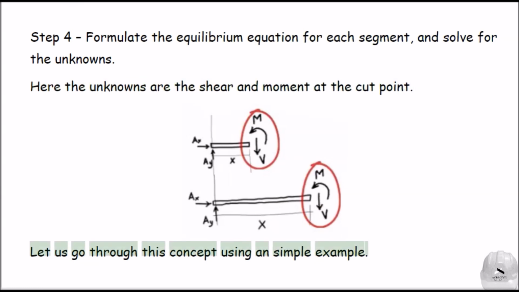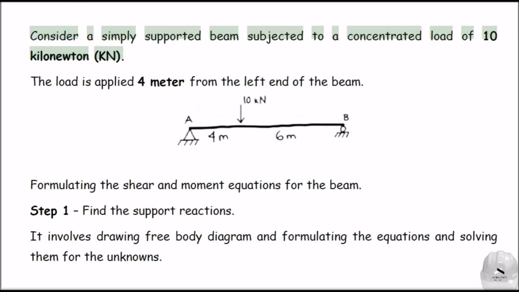Let us go through this concept using a simple example. Consider a simply supported beam subjected to a concentrated load of 10 kN. The load is applied 4 m from the left end of the beam. Formulating the shear and moment equations for the beam, Step 1, find the support reactions.